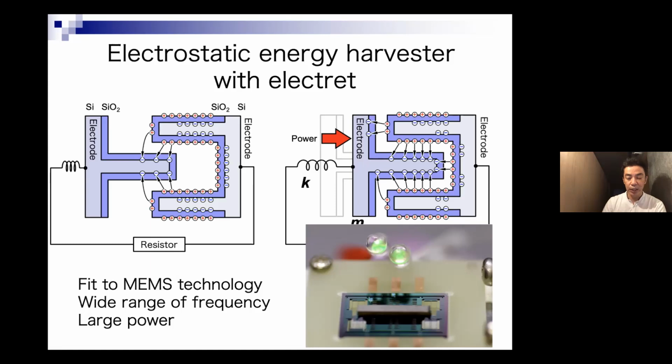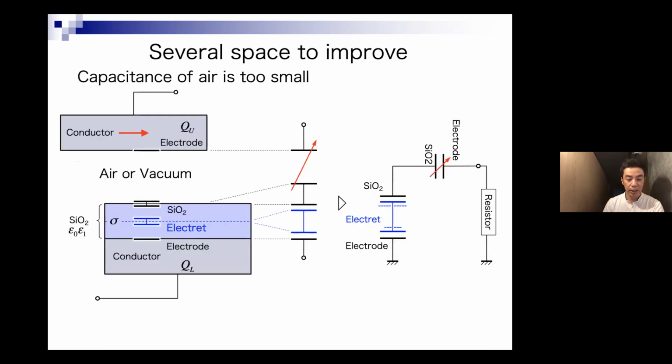Also using MEMS technology, we can design a thin beam and a large mass like this to create energy from low frequency vibrations. But to enhance the gain of these devices, there are several areas to improve.